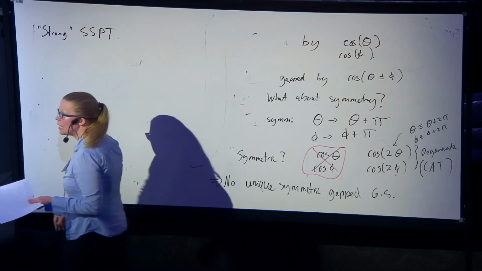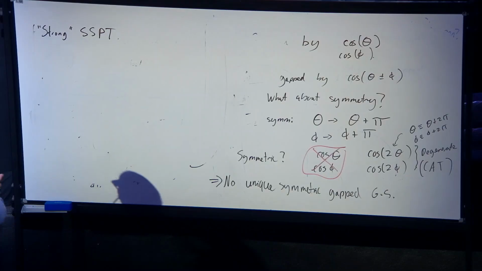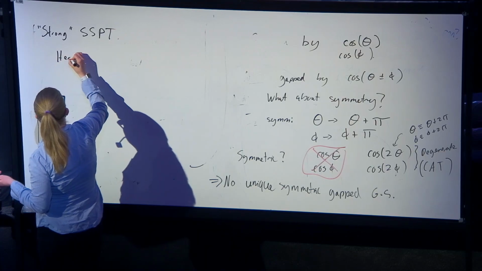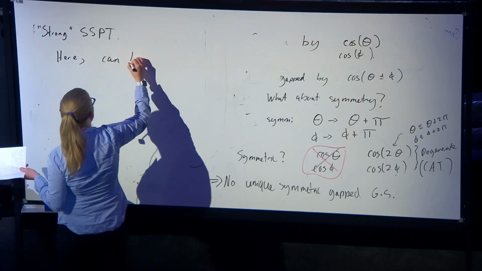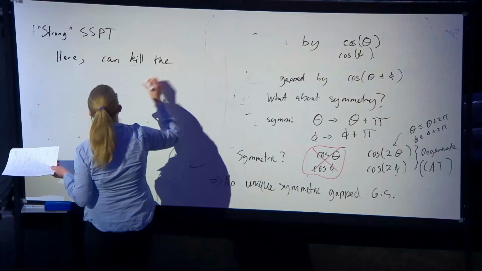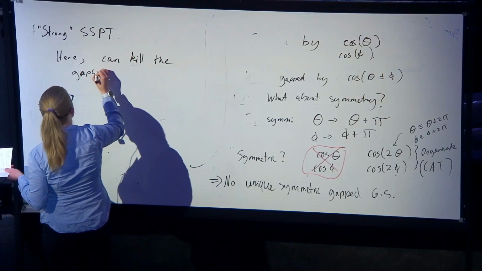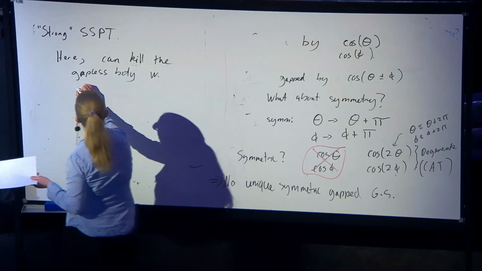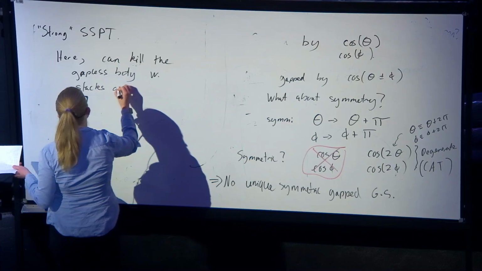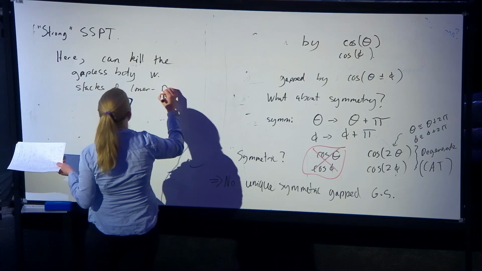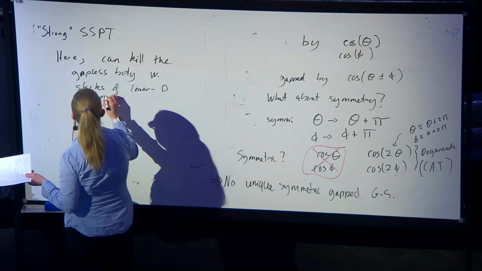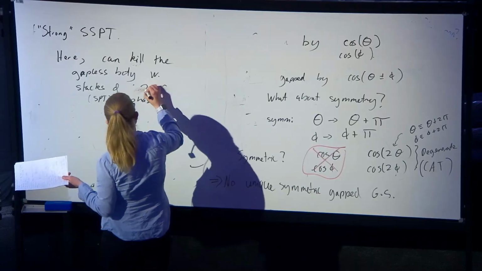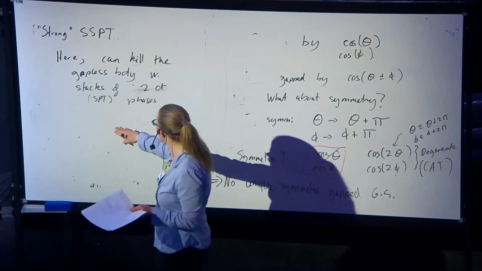And it turns out it was later figured out that means you can kill the gapless boundary by coupling in stacks of lower dimensional SPT phases. And I should say two-dimensional, little d. Two-dimensional SPT phases.